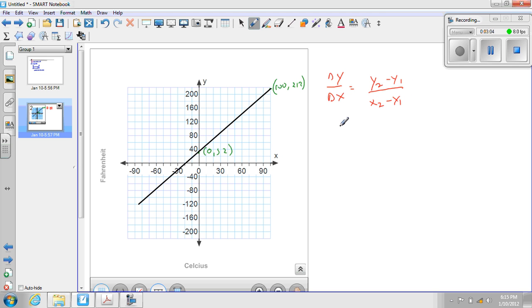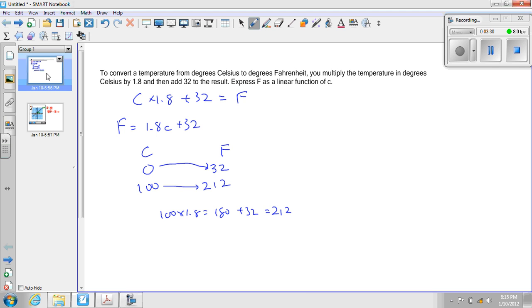My y2 I'm going to use as 212, and my y1 as 32. And then I'm going to put that over my x2 at 100 and my x1 at 0. So that gives me 180 divided by 100, which, not surprisingly, is 1.8, the slope of the line, and, as we determined up here, the slope in the formula.